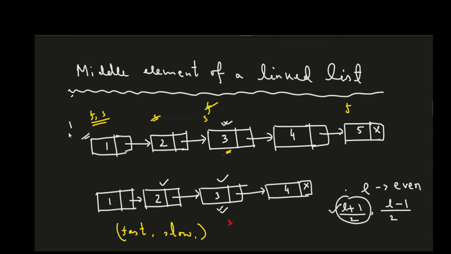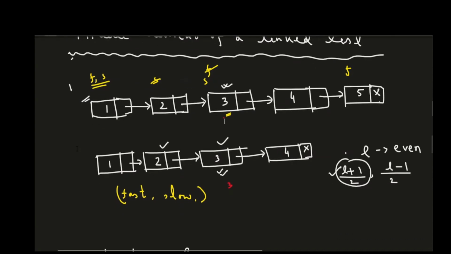Similarly, in the second example, initially fast and slow will be here at the head, then slow will come here, fast will come here. Then in the second iteration, fast will come here, and then fast becomes null, right?